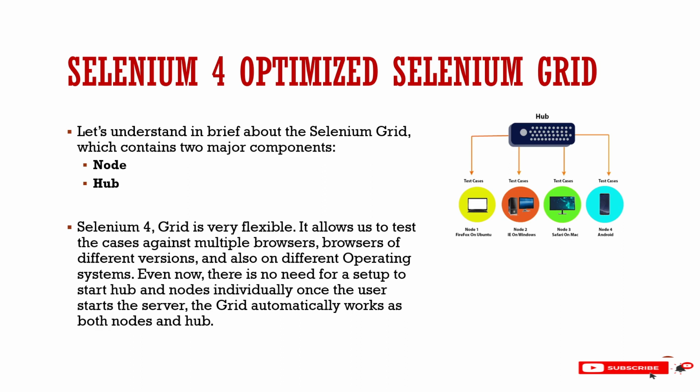But in Selenium 4, the grid is very flexible and allows us to test cases against multiple browsers, browsers of different versions, and also different operating systems. There is no need to start up the hub and node individually, so everything is controlled and works automatically. This is one good advantage, as it starts working automatically.